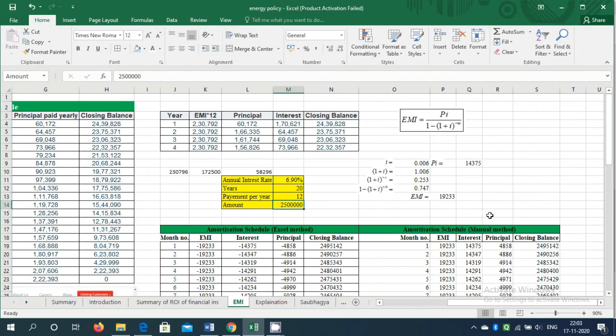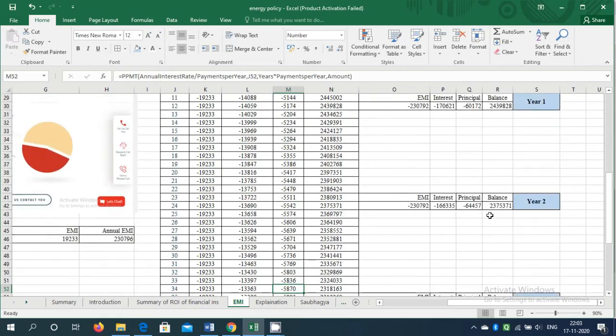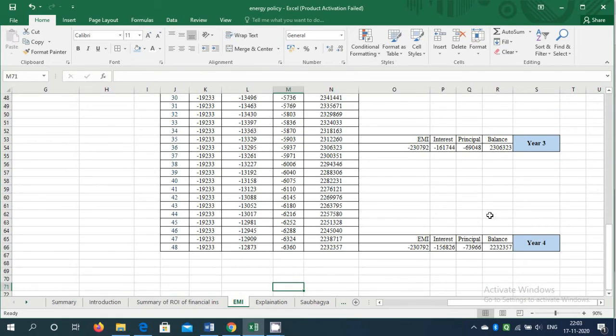Year 4 is 2232357; this value is also coming.